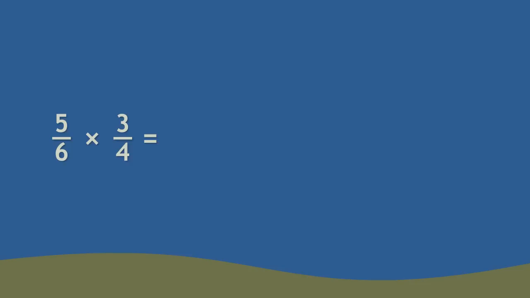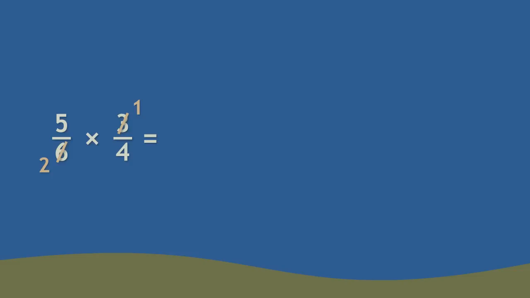For 6 and 3, we know that 3 is the common factor of both of those numbers. And 3 goes into 3 one time, and 3 goes into 6 twice. Okay, so we can cancel those two numbers out and replace them with the number 2 and the number 1. Now we can look at 5 and 4.